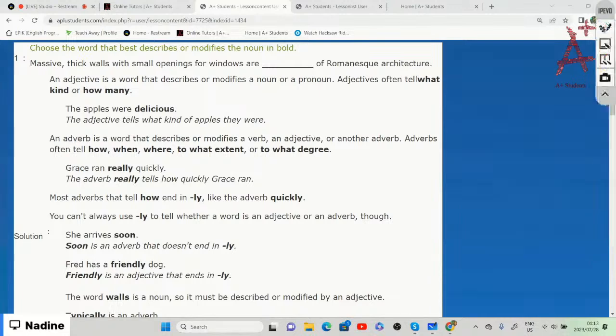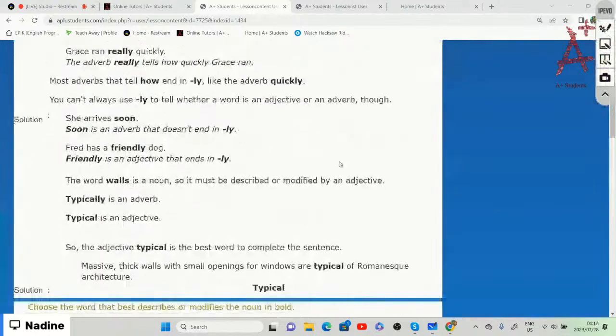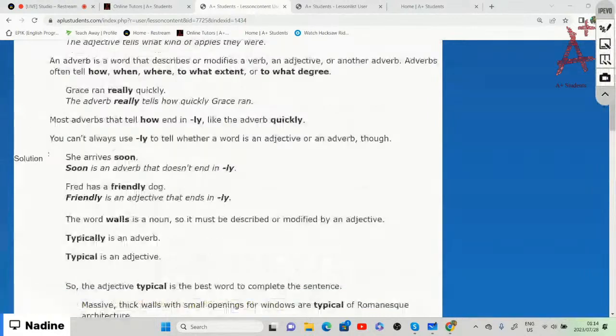If we look at our options, they gave us two words: typically and typical.